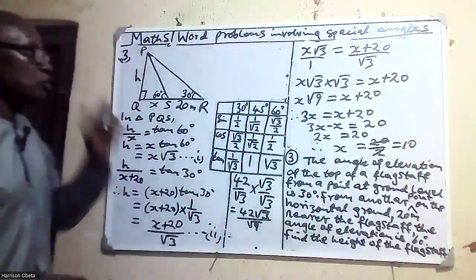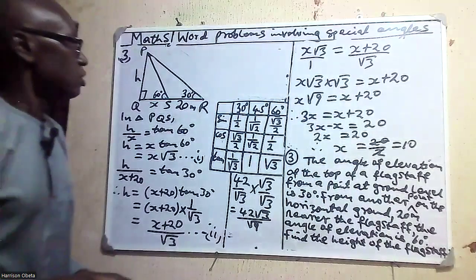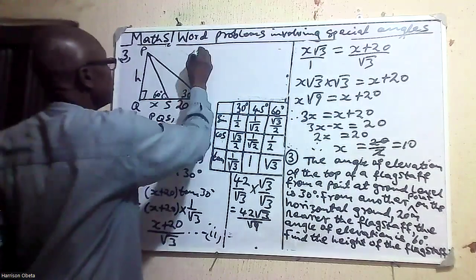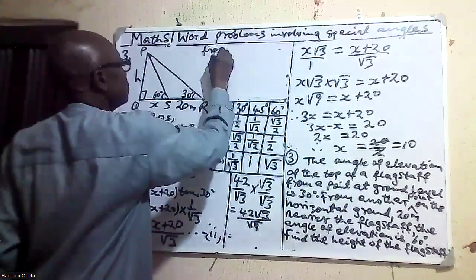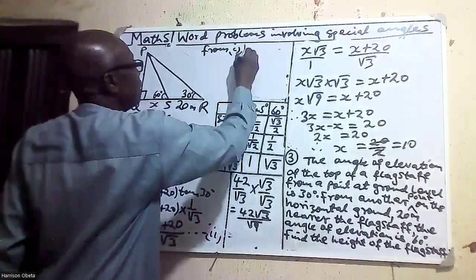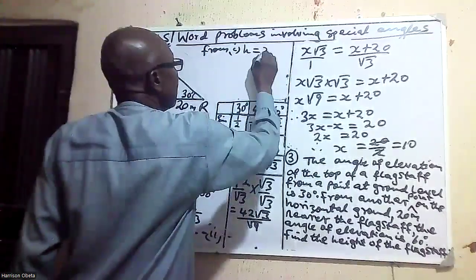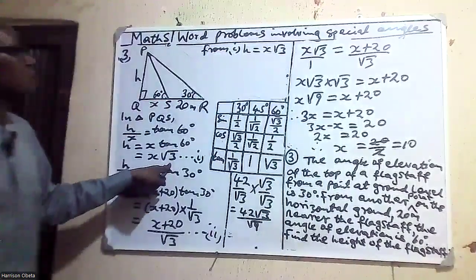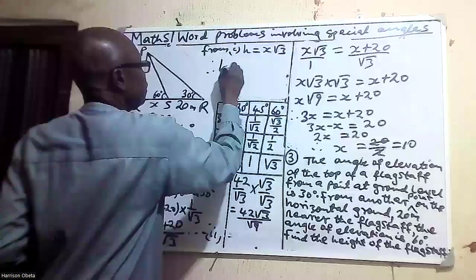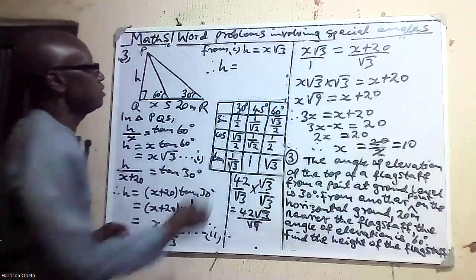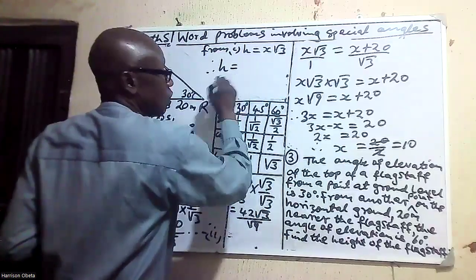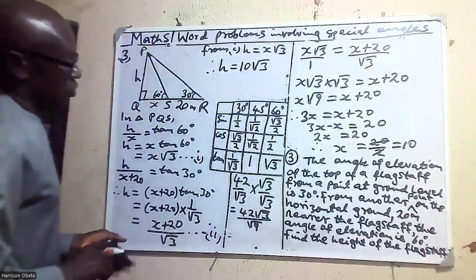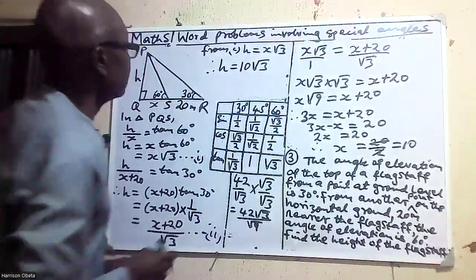So you can substitute this value in any of the equations to get the value of h. So to continue, we come here from equation 1, h is equal to x root 3. That is from here. And that means that h is equal to, since x is 10, h is equal to 10 root 3. And that is the answer to that.